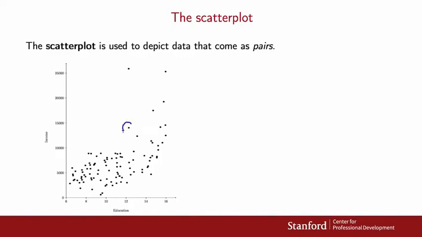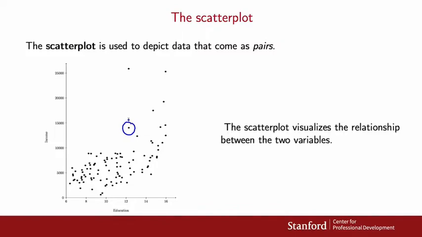For example, this person may have about 12 years of education and an income of roughly $15,000. The scatter plot is very useful to visualize the relationship between 2 variables. For example, we see that as education increases, income tends to go up. And moreover, we see that for many years of education, there seems to be a steep increase in income.